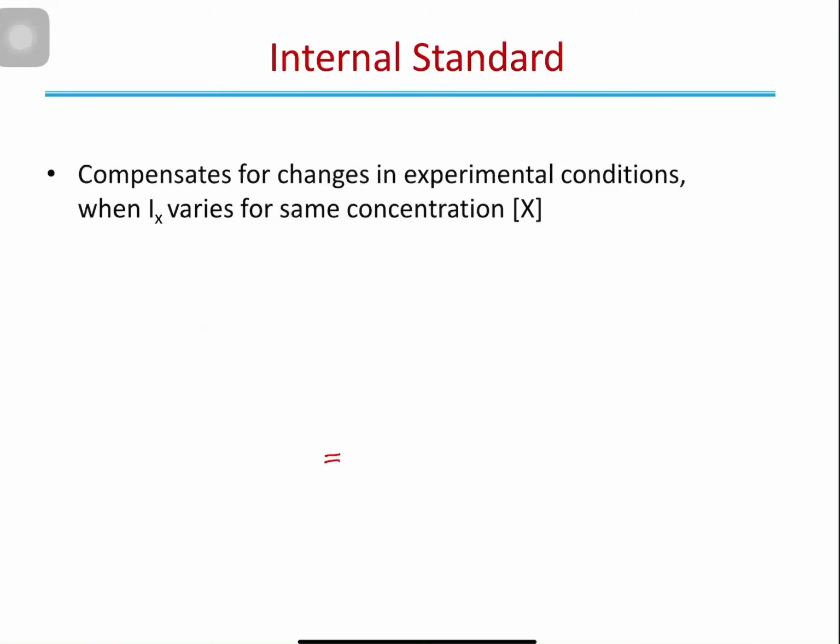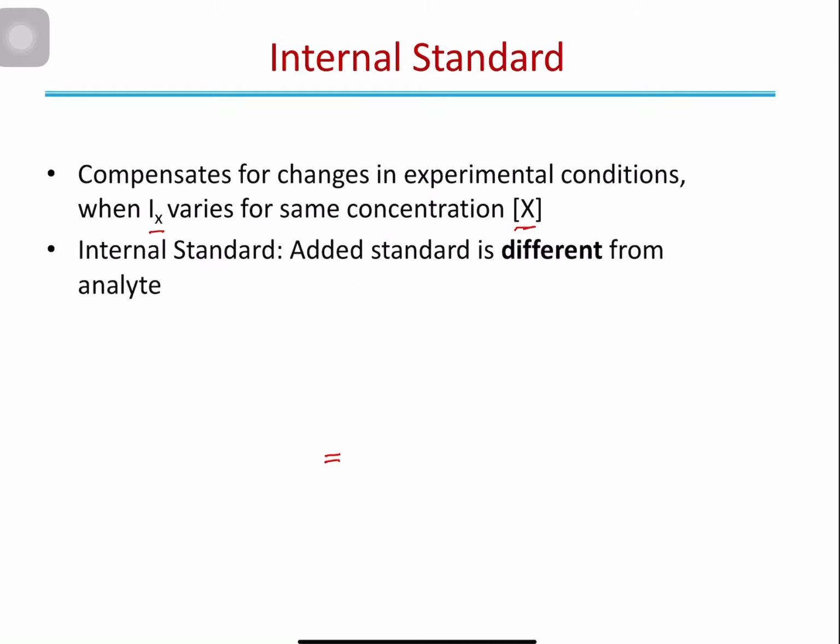The internal standard will compensate for any changes in the experimental conditions, while the signal we get from the sample, which is AX if we are using a chromatogram and measuring the area under the peak, varies for the same concentration of your sample, which is X.